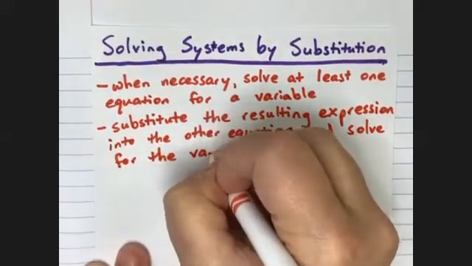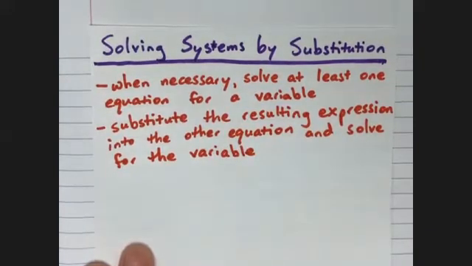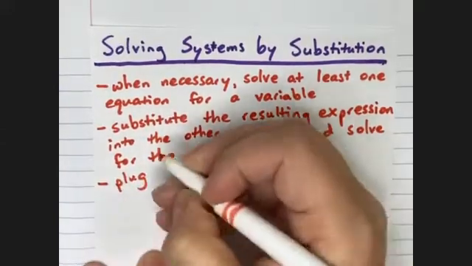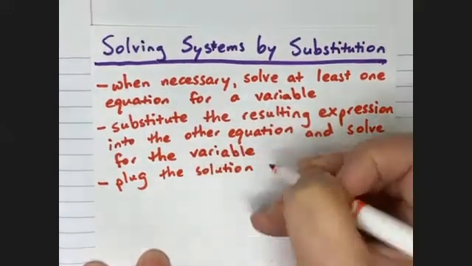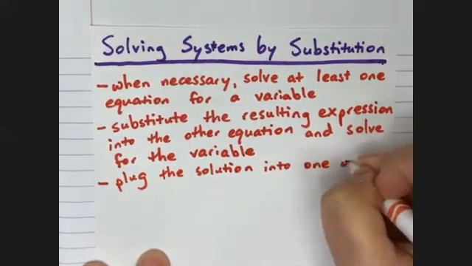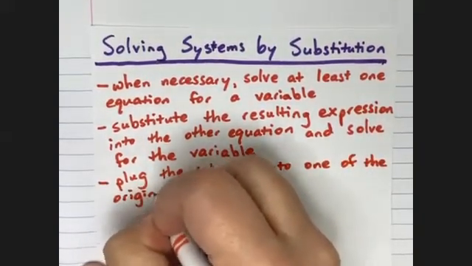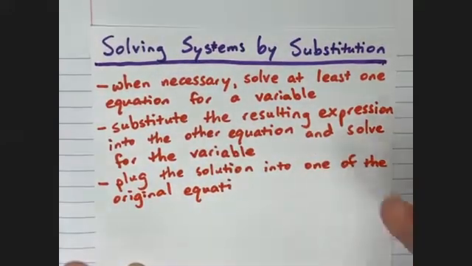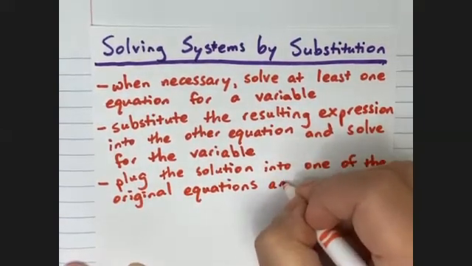And if you're going, I don't understand, that's okay, because we're going to do some examples and walk through this. But right now, just write these steps down. And then the last step is going to be plug the solution into one of the original equations and solve for the other variable.